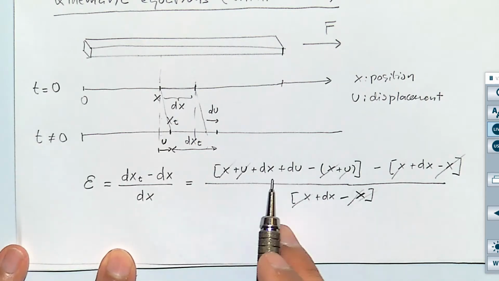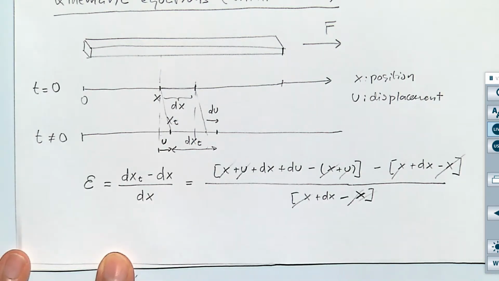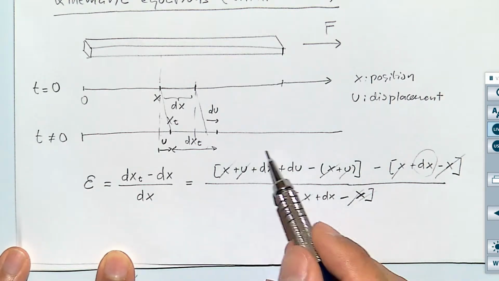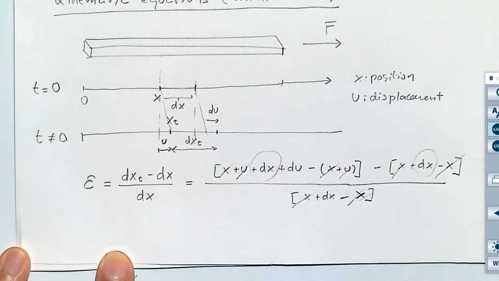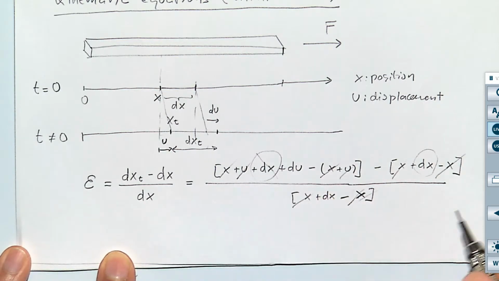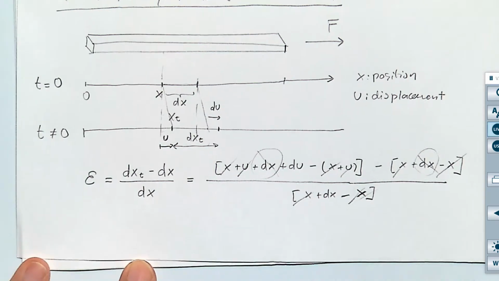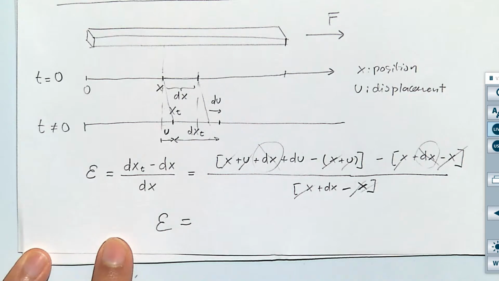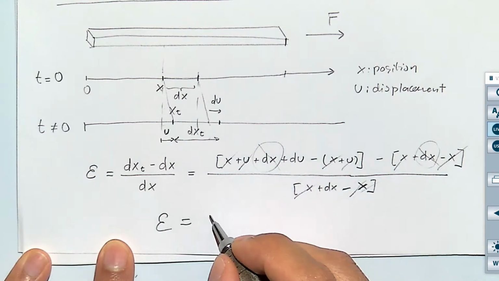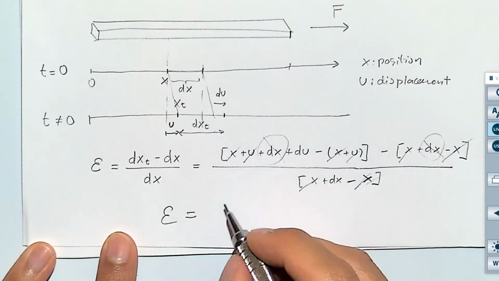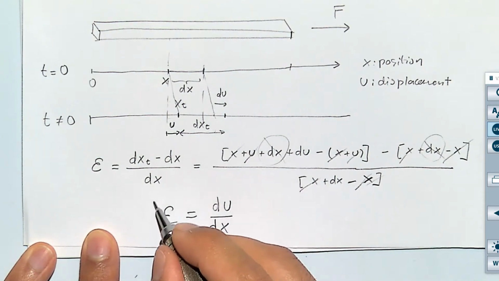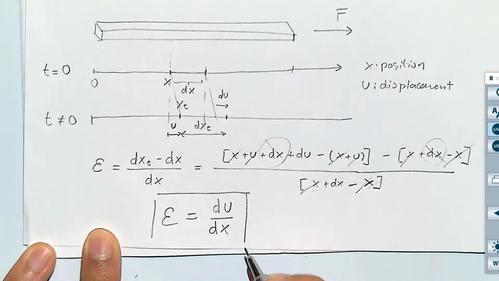And here we have dx plus du, but here I have a negative dx and here a positive dx, so those two are going to go away too. And at the end of the day, the result for strain is going to be du divided by dx.